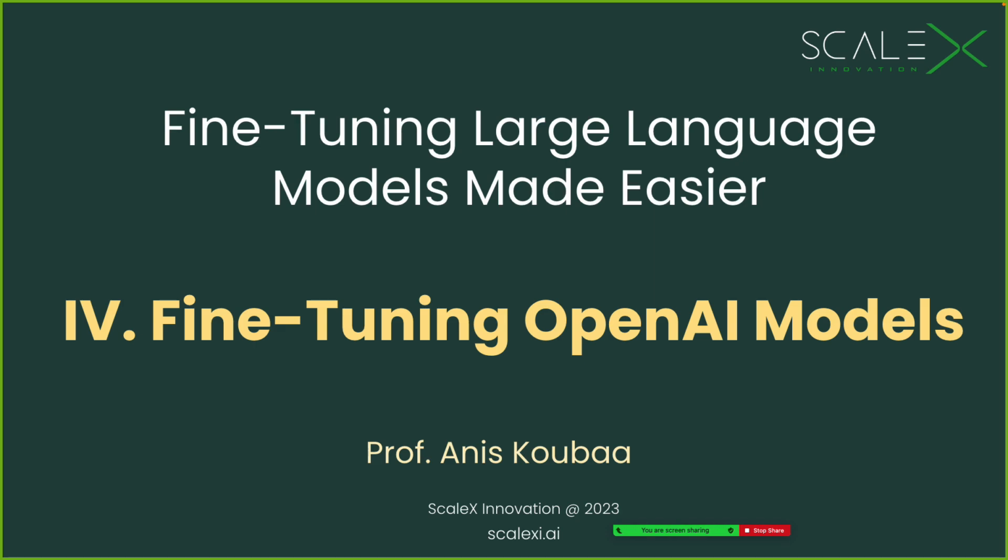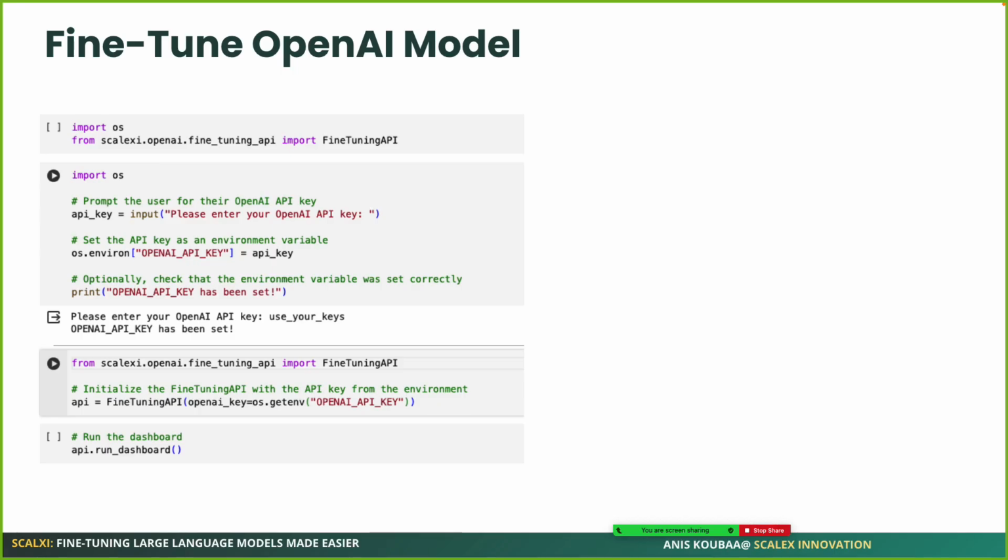Okay, so now we've built our data set. It's ready to go. It's compatible with ChatGPT 3 for fine-tuning that model. And now we're ready. Using this simple code, which will create a fine-tuning API from OpenAI, I'm going to input the OpenAI key, call this one fine-tuning API, and call the dashboard.